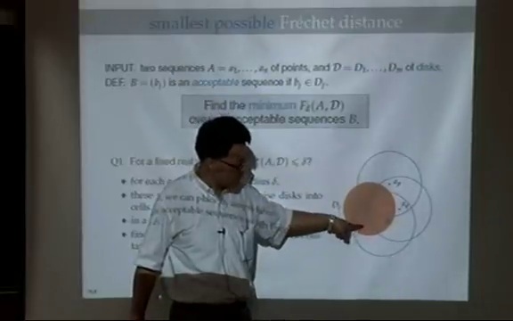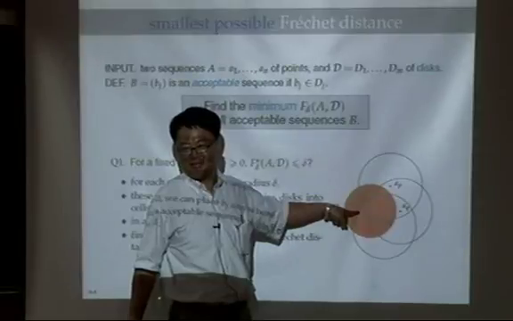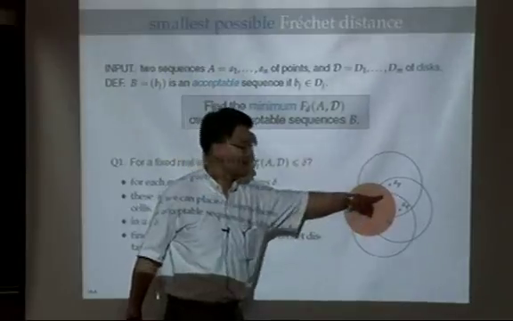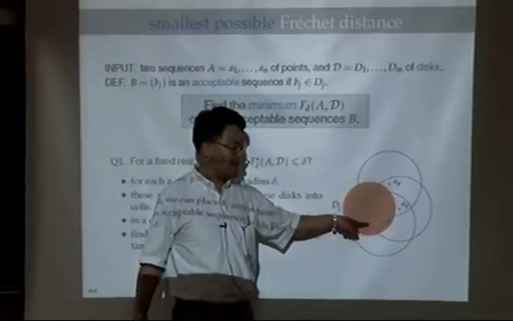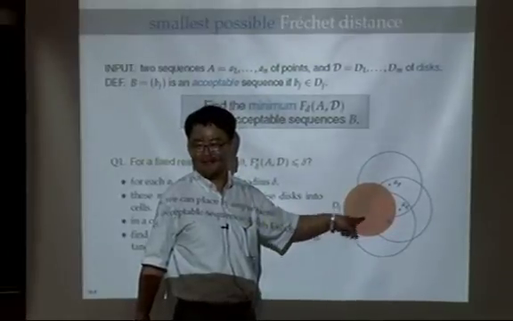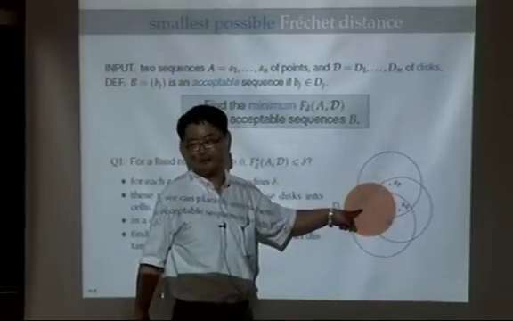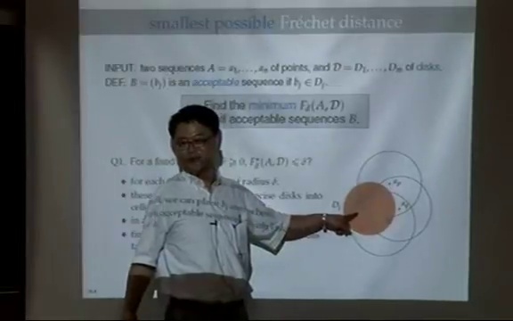What about this case? The dog moved to here. Is the answer different or the same? The answer must be the same, right? Because we partition the space, the dog disk, into regions which have the same property. It doesn't cross the boundary of this delta disk. So the answer must be the same, right?